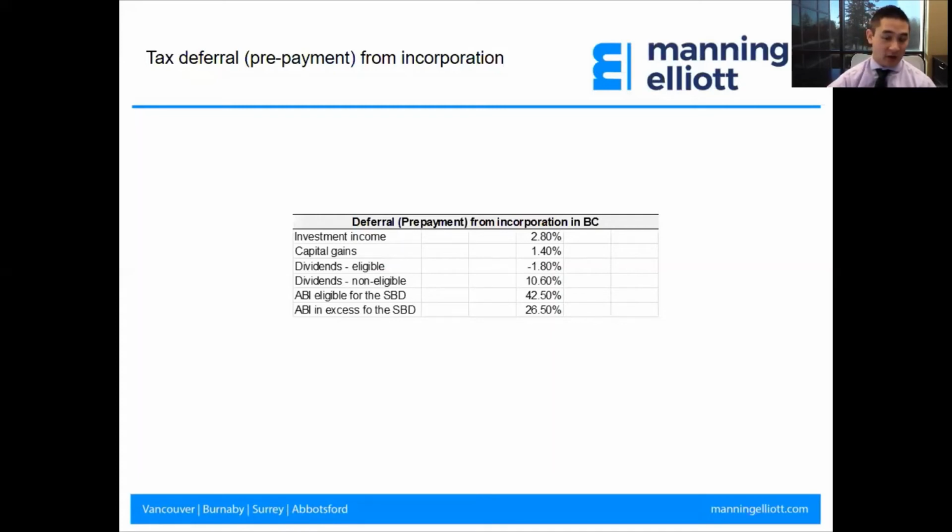So the general recommendation on portfolio dividends received from your marketable securities, if they're eligible dividends, is to flow those eligible dividends out to an individual, recover the tax that was paid by the corporation, and then pay tax on those eligible dividends at the person's marginal tax rate, which is lower than the tax the corporation would have had to pay. Non-eligible dividends, there's a slight deferral opportunity there.